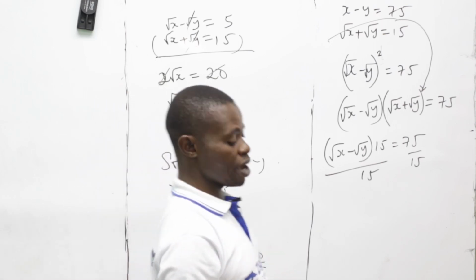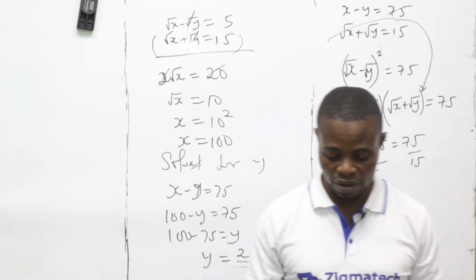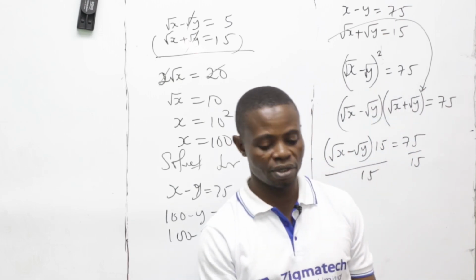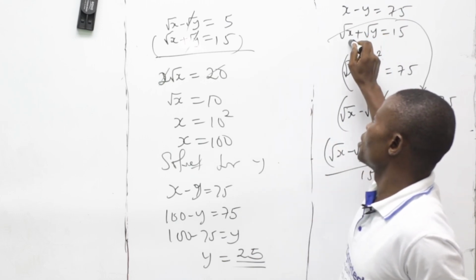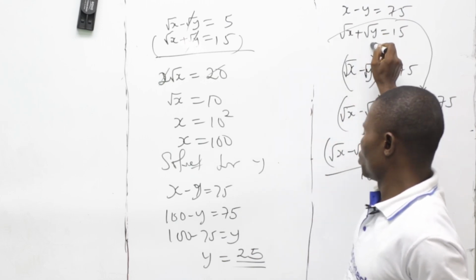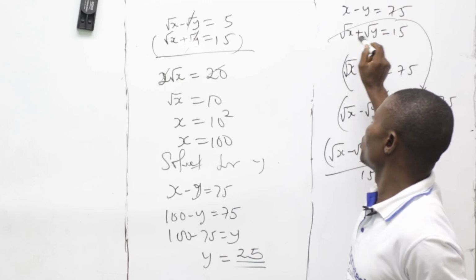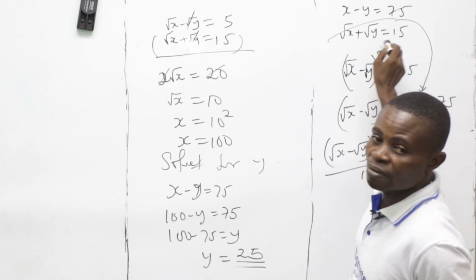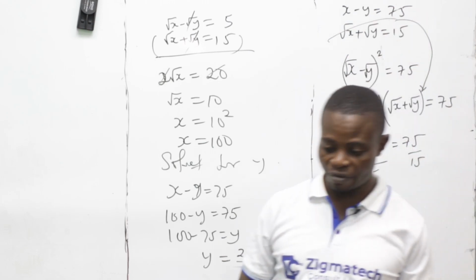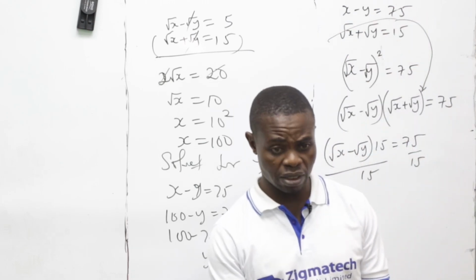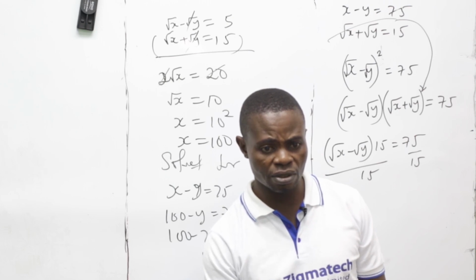Hence, y is 25 and x is 100. If you want to test, you test it here. Square root of 100 is 10. Square root of 25 is 5. 10 plus 5 equals 15. Or 100 minus 25 equals 75. So that is the answer for that question.